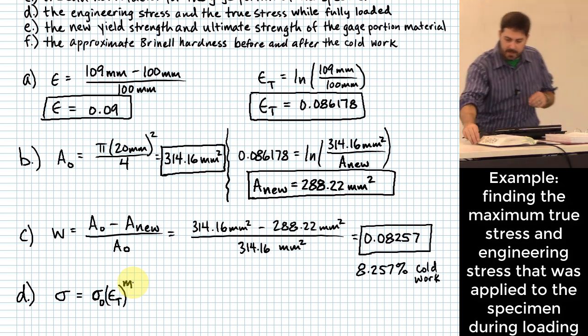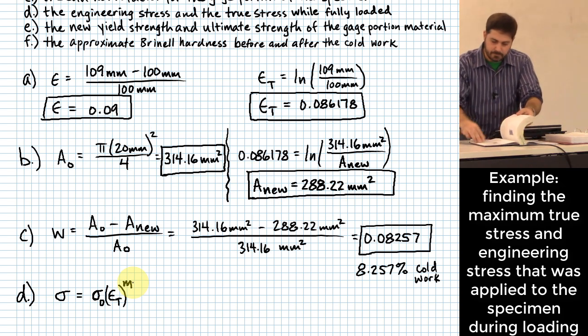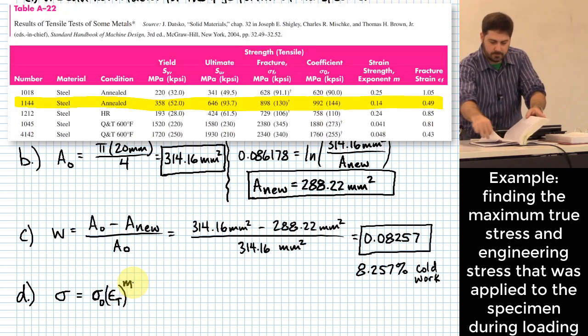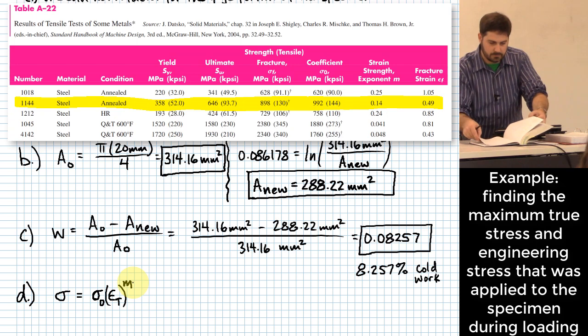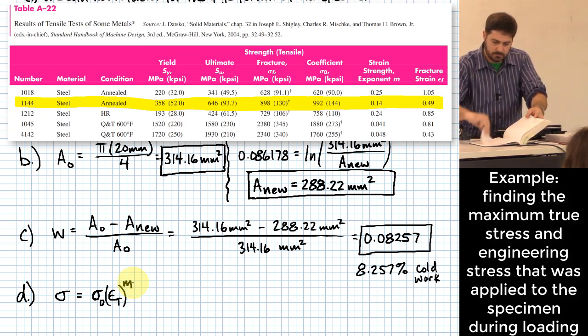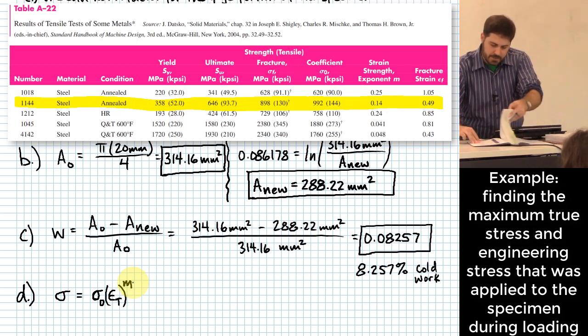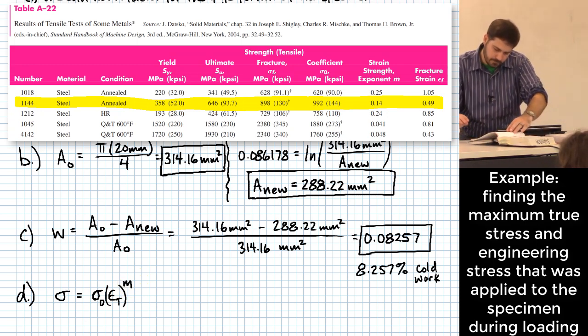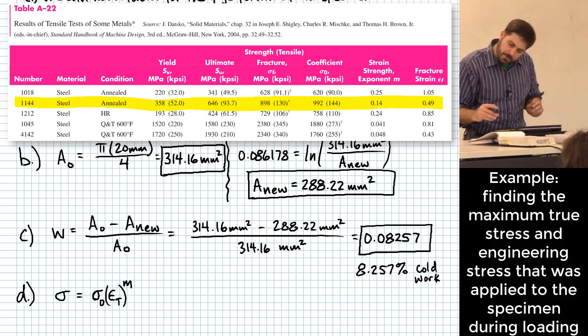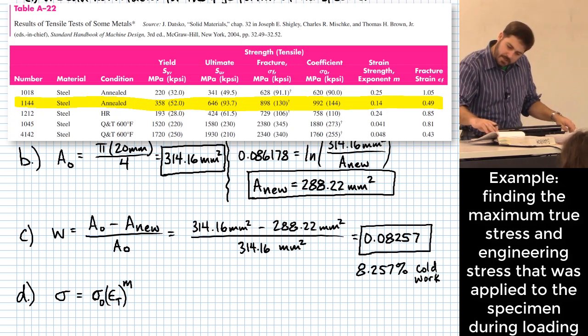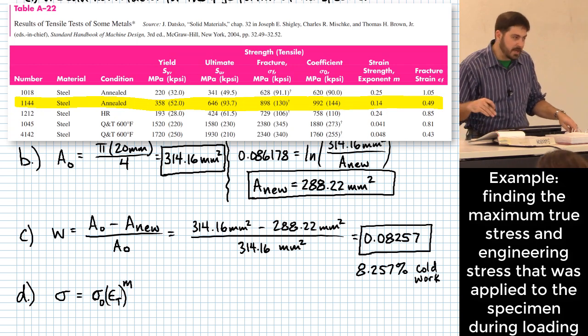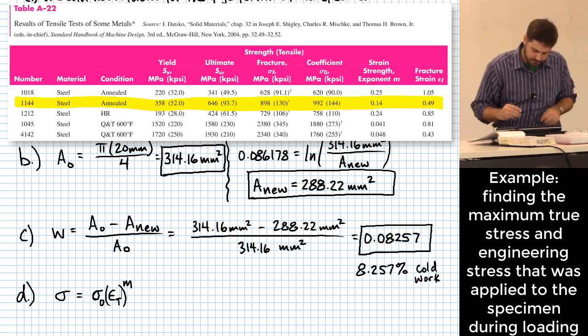So if you look back in table A22, for 1144 steel, it tells us here that our sigma naught coefficient is going to be 992 MPa. Okay.